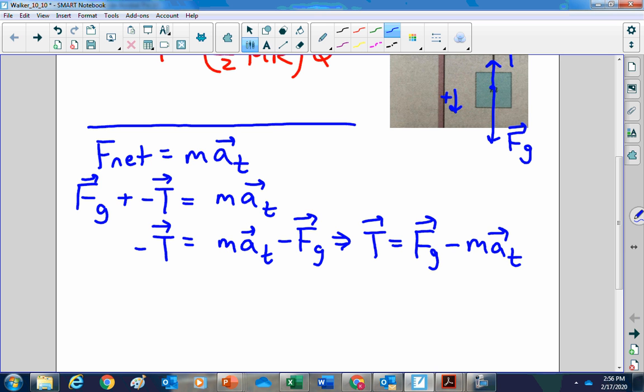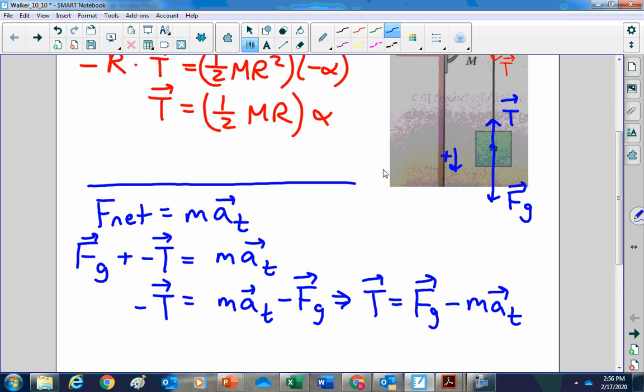What connects them is the relationship between translational acceleration and alpha. They're connected by the relationship that translational acceleration equals alpha times R. And that's built in right there, they're already multiplied in there.